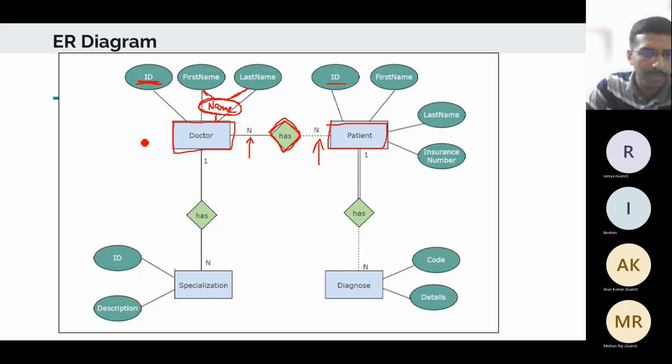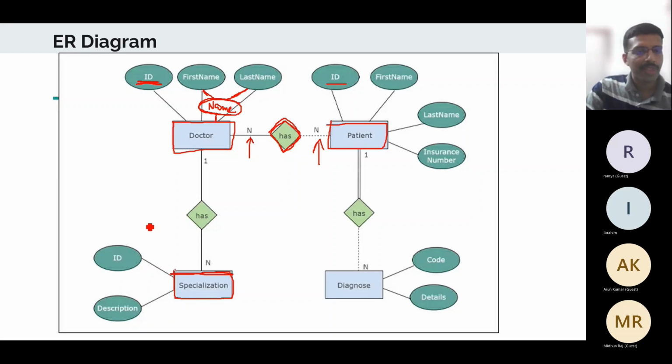Then coming to doctor, a doctor has a specialization, right? So we can say that a single doctor can have many specializations. But if it is a PhD or some DNB or MD, one MD can correspond to one doctor only. Like two doctors cannot share the same MD degree, right?